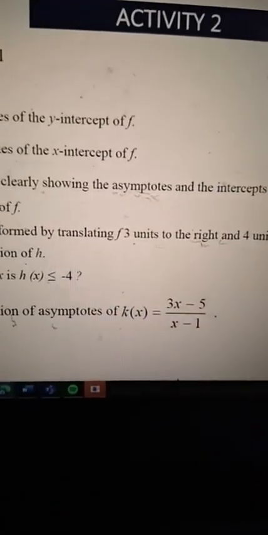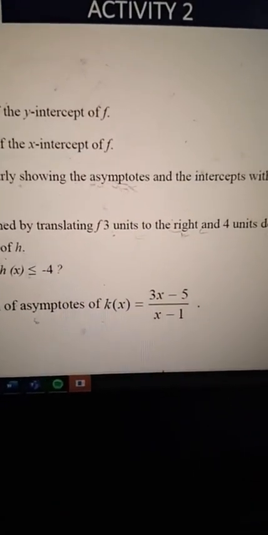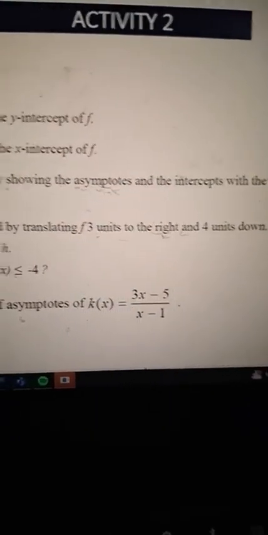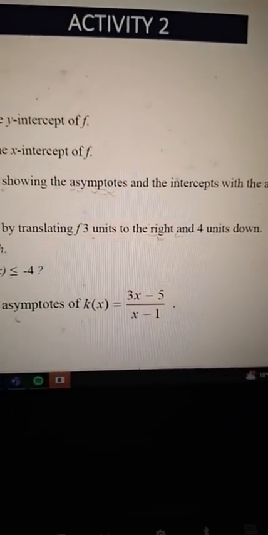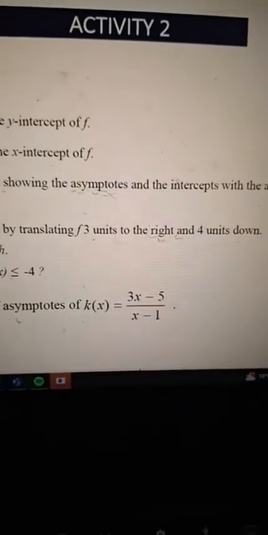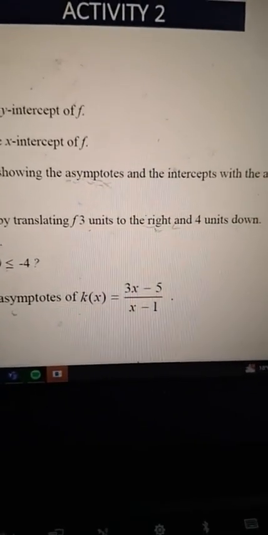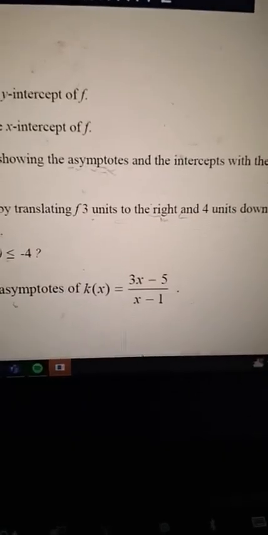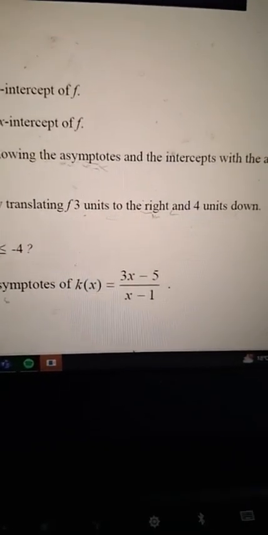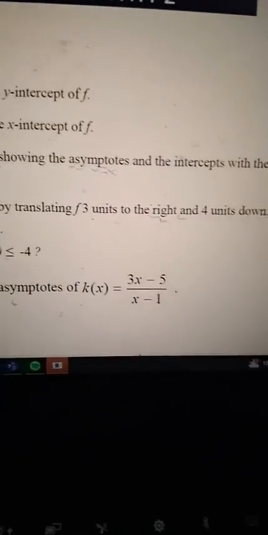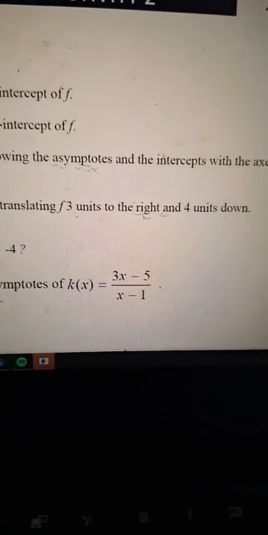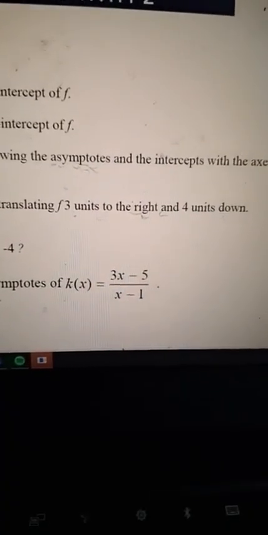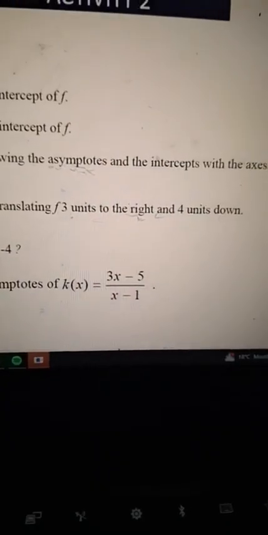In our heads, normally we think 3 units to the right means addition of 3. No, we are subtracting 3, because movement left and right is counterintuitive when it comes to when we add or subtract.